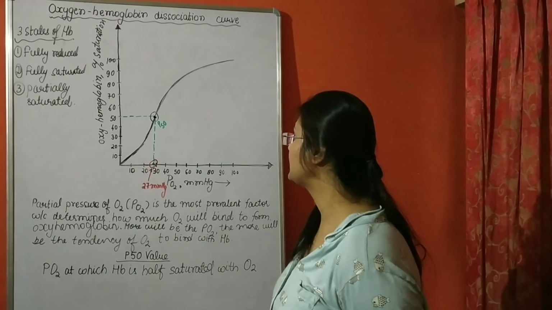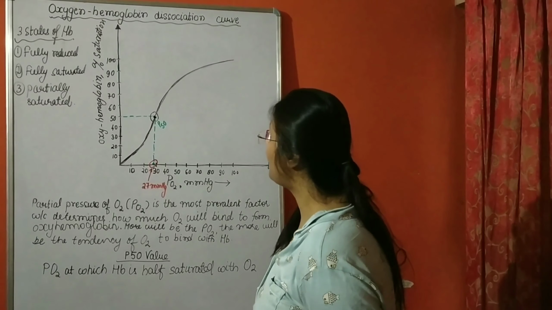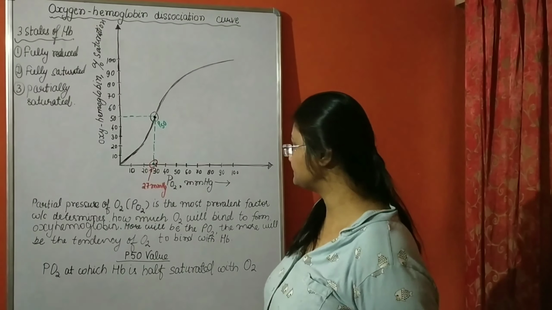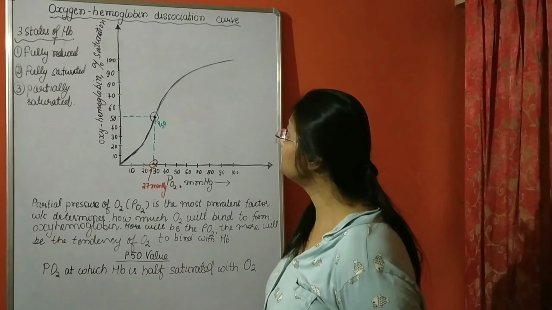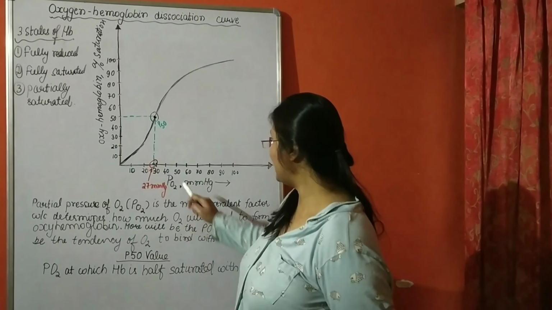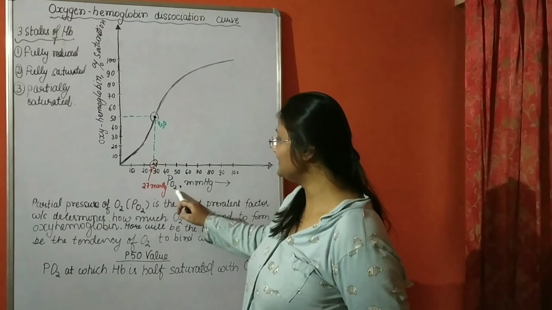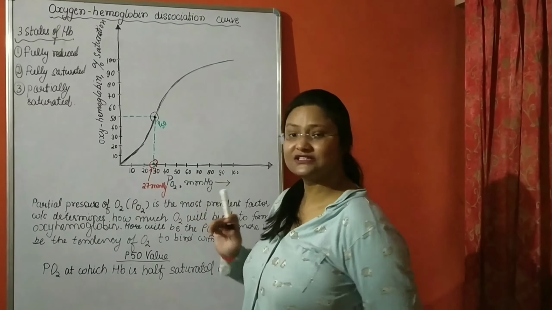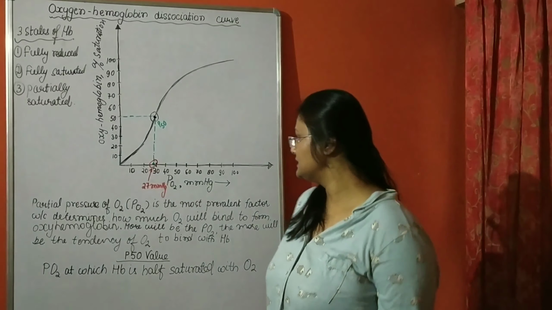Now let us understand this curve, the oxy-hemoglobin curve. The y-axis shows percent saturation of hemoglobin with oxygen. The x-axis shows PO2, that means partial pressure of oxygen. It has units mmHg, millimeter of mercury, a unit of pressure, like bar is a unit of pressure.